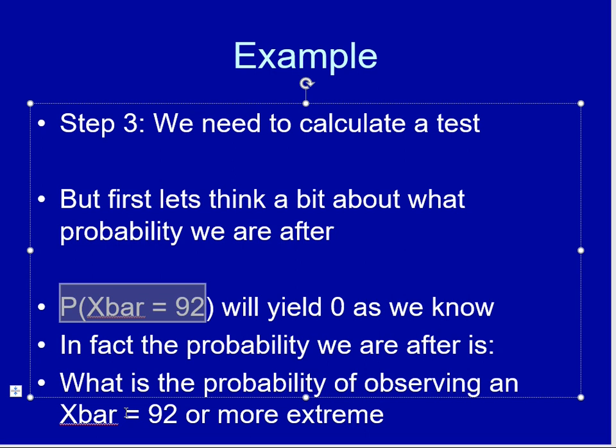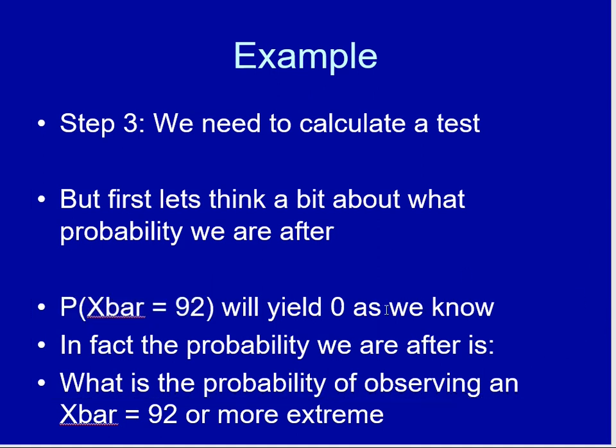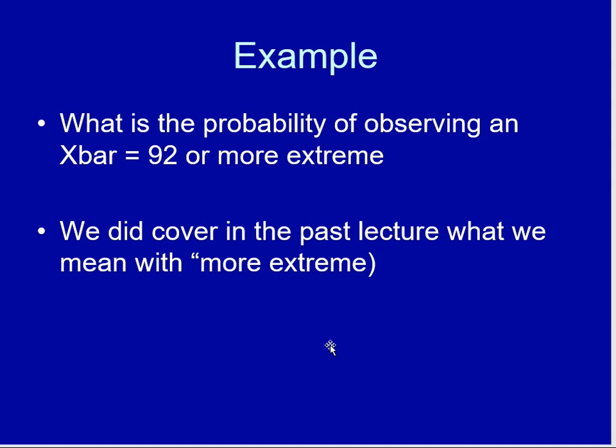That's what we're trying to do. We're trying to say how likely is it to get an average of 92 in a sample of 25 if in reality the null is true. Okay? So to be able to answer that question, we're going to calculate a test.